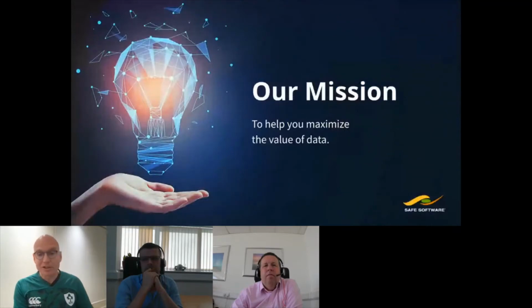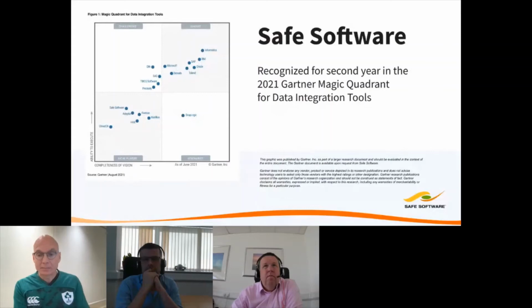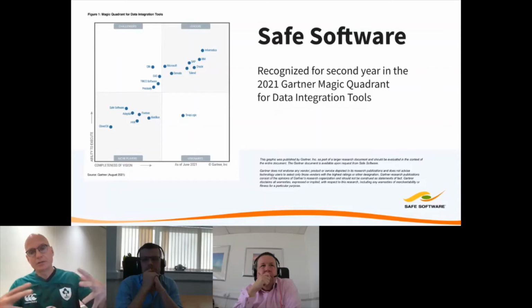Okay, so our mission at Safe, working with partners like IMGS, of course, is to help you maximize the value of data. And Garrett mentioned this. We're now on the Magic Quadrant with Gartner, and we're a niche. Our whole thing is you're going to hear us talking about spatial data and beyond, as we continue to grow and push from beyond spatial to grow into the entire enterprise.